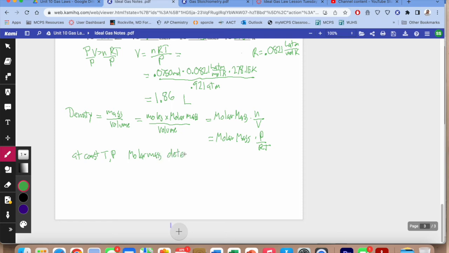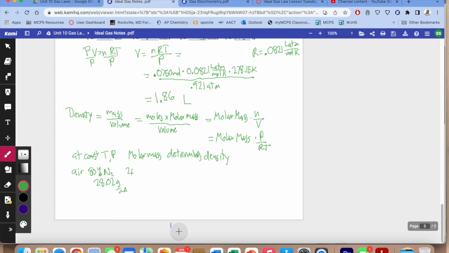And that actually gets us through a lot of concepts, right? Molar mass determines density. So if you're comparing two gases, like air is about 80% N2, right? And that's 28.02 grams per mole.